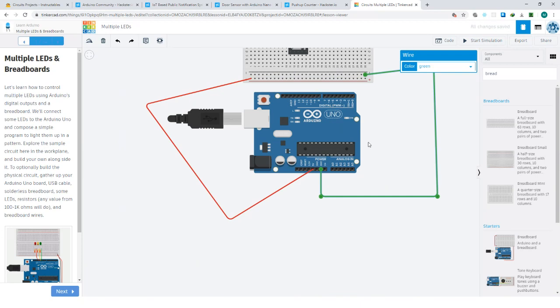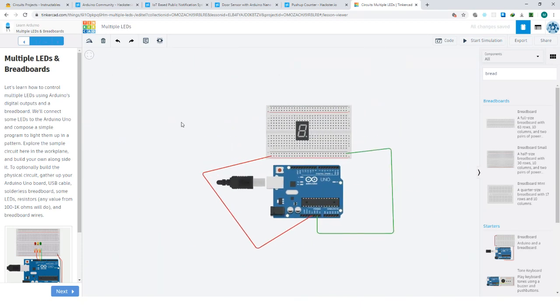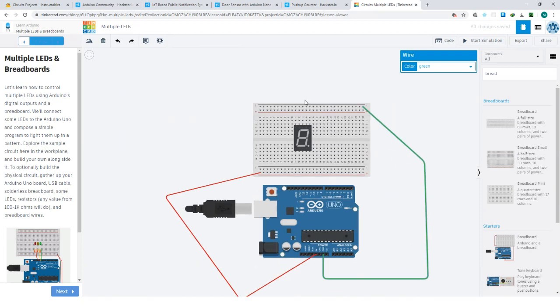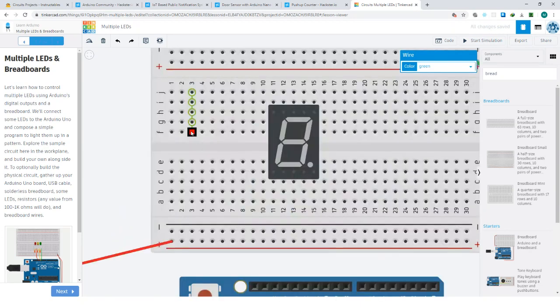I really wanted a situation where we can just take it up here, put it on the other one. And remember, we talked about the connection with the pins inside the board. You see, this row is connected. This row is also connected. This row is also connected.